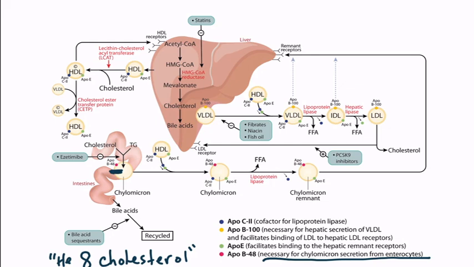Okay, once chylomicrons are secreted from the enterocyte, they enter the lymphatic system and then the blood. Notice that from here, HDL, which you can see right here, transfers ApoC2 and ApoE to the chylomicron. ApoC2 is a cofactor for lipoprotein lipase.